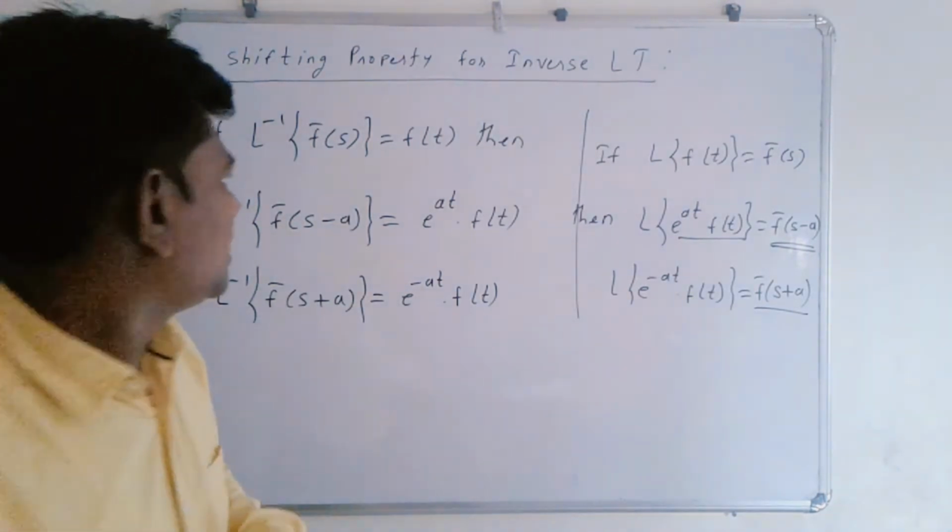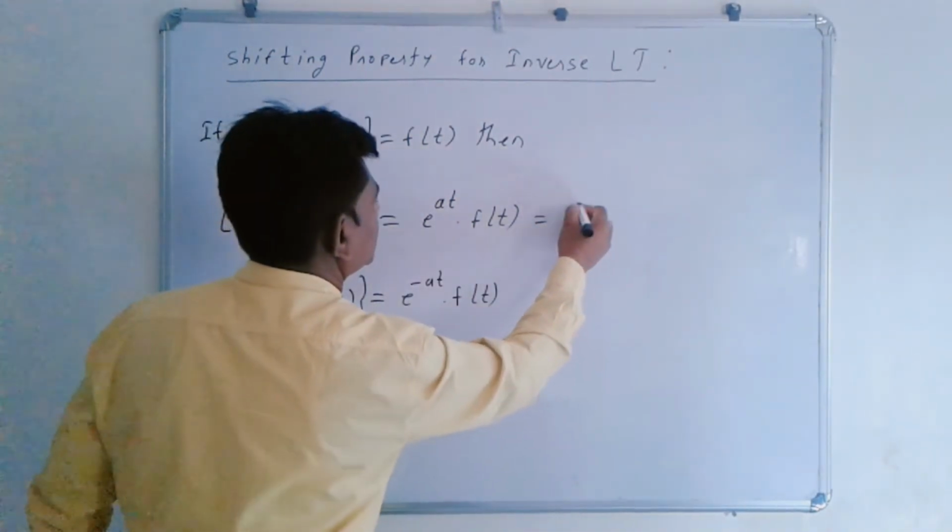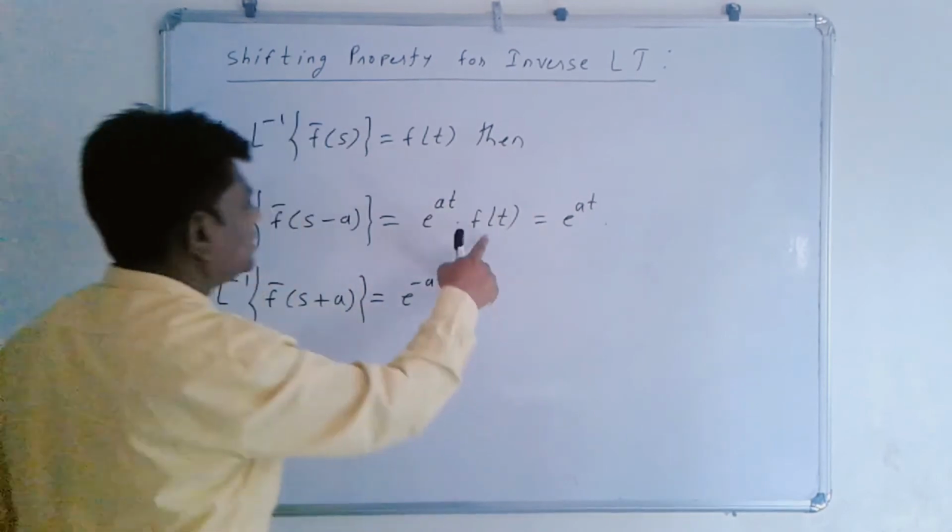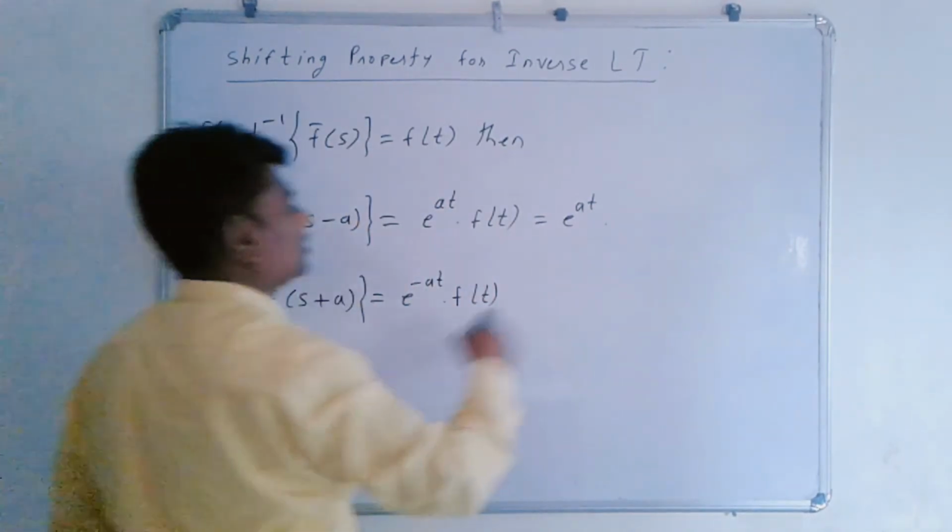Now we write this as e to the power at, and this f of t be the L inverse of f bar s.